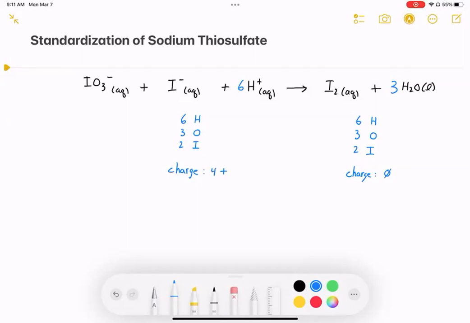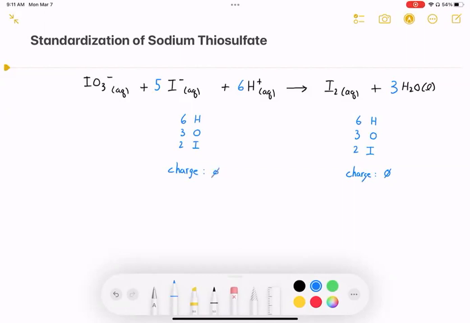To do that, we can make this a 5, because if we times 5 minus plus minus 1, that'll give us minus 6. So now our charge is 0 here.